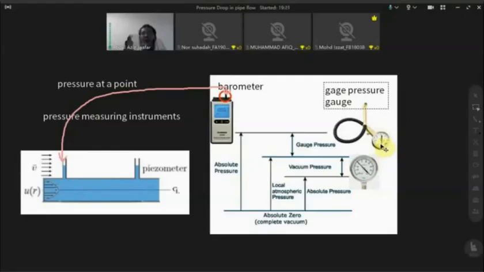Another one is the gauge pressure gauge, and you can find a typical application of it when you want to inflate a car tire. The gauge pressure gives you values from 0 and greater, relative to the surrounding local atmospheric pressure.